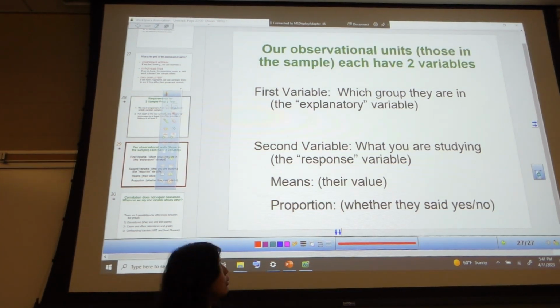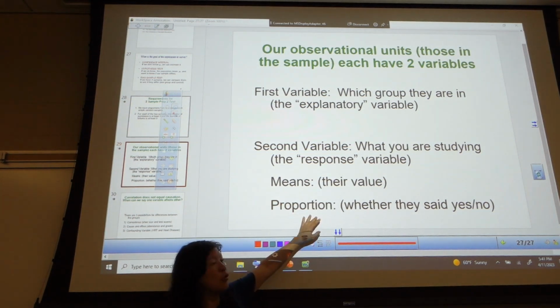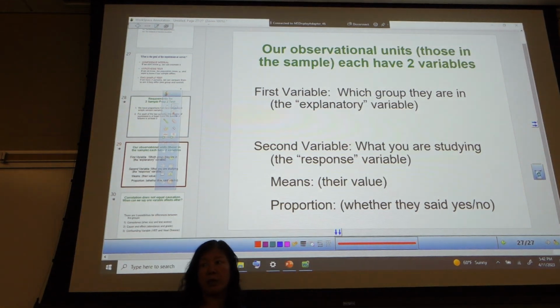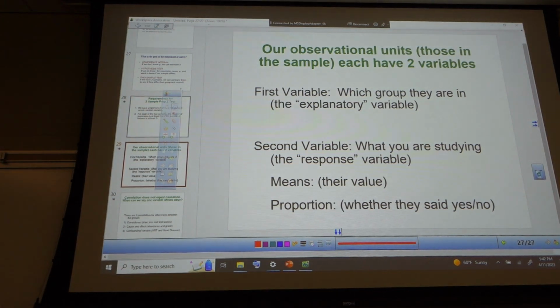That's something a little better. So the first thing would be their group, whether they're a student or not a student, and then the second thing I would know about them is whether they voted or didn't vote. So that's more of a yes/no thing. That'd be a proportion. But either way, you know 2 things about each observational unit, what group they're in, and the actual thing you're trying to study.